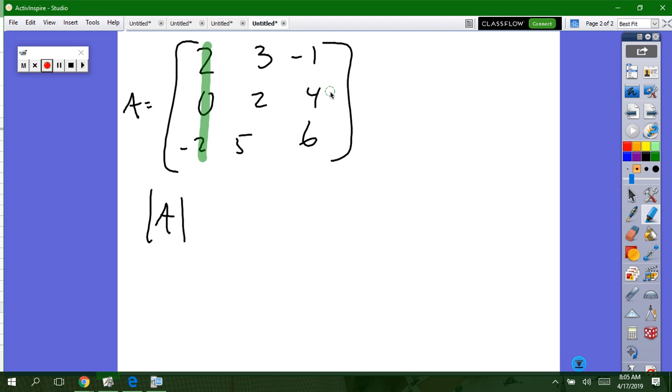So what you do is you take that column and put the numbers: 2, 0, negative 2. And then you eliminate the row and the column of that element.